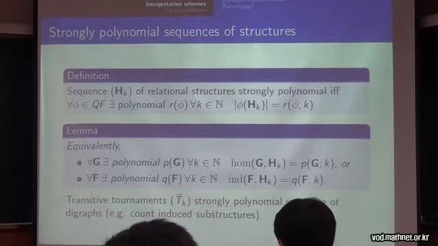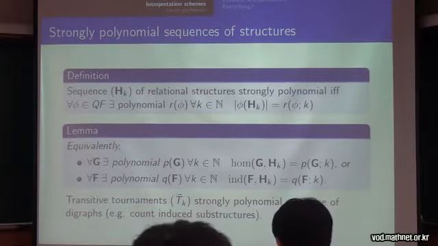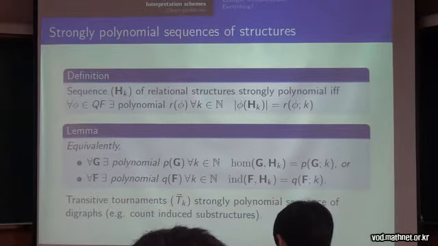I can only get subtournaments, and that's easy to count. It's just like for the complete graph, it's k choose j for a subtournament of size j. So just by counting induced substructures, I can verify that it is strongly polynomial. So for every quantifier-free formula, the number of satisfying assignments in the tournament of size k is some polynomial.